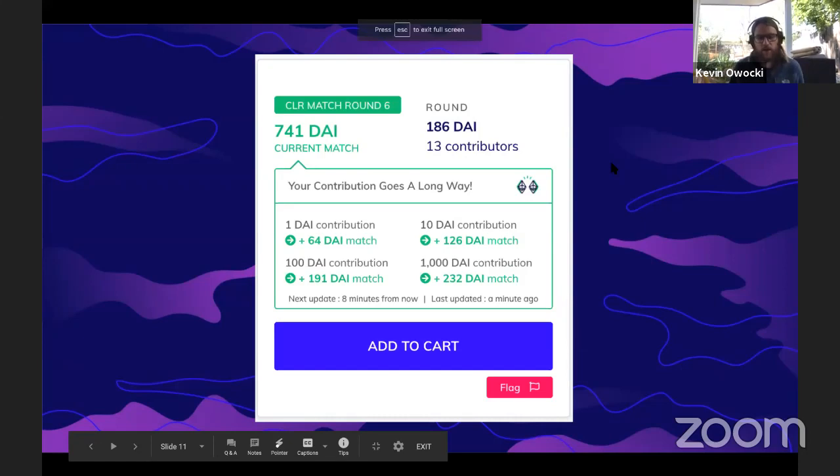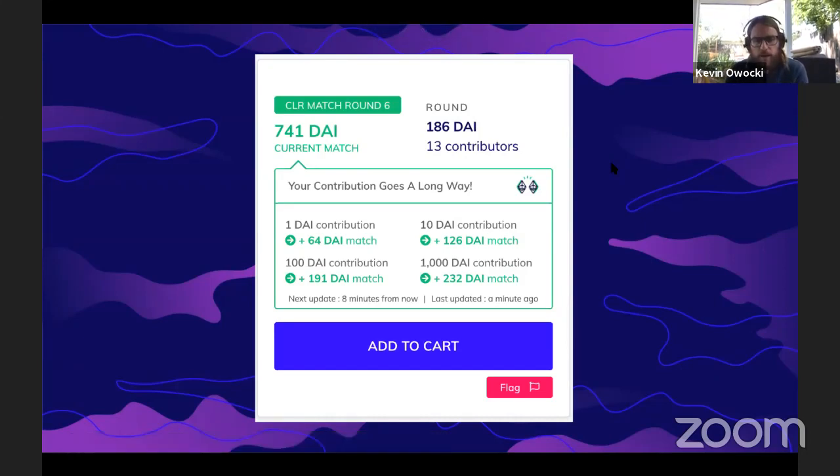about $200,000 per quarter. We ask the community to contribute to open source projects. And the idea is that it really changes the psychology of contributing to open source projects because, as you can see from the screenshot of the Gitcoin UI, for this project, if you contribute one DAI, which in cryptocurrency is equal to $1, then you can get 64 DAI in matching contributions to the project.